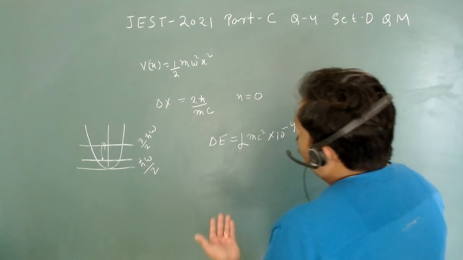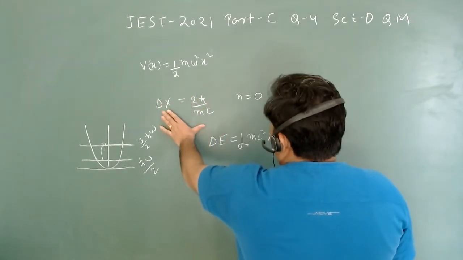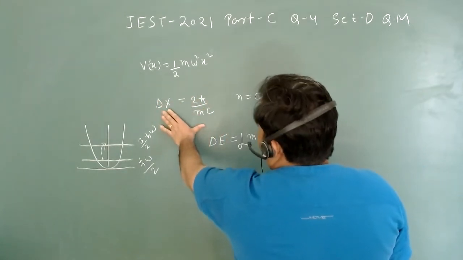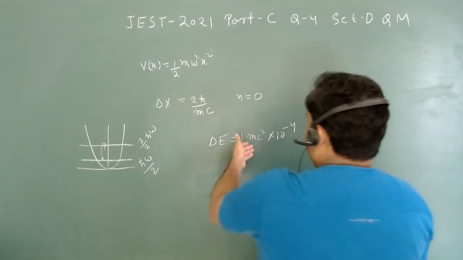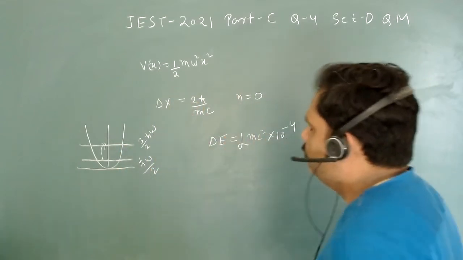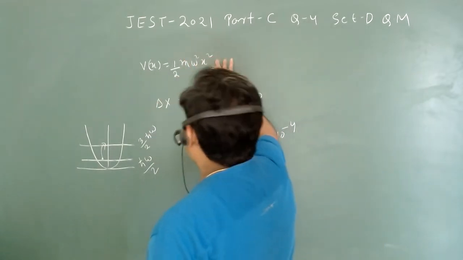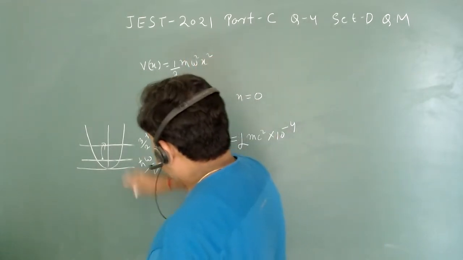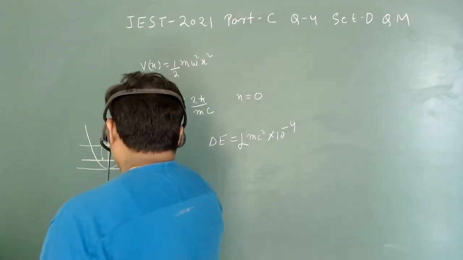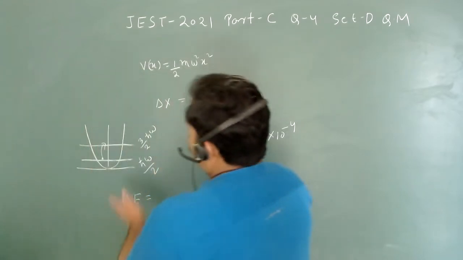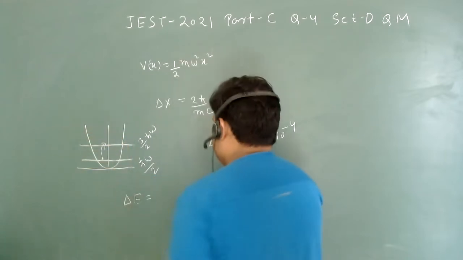So the question is very straightforward. We have to use this expression, and from it find the value of omega, or h cut omega. Suppose my potential is half m omega square x square, then we need the energy such that the particle will be excited from the ground state to the first excited state.